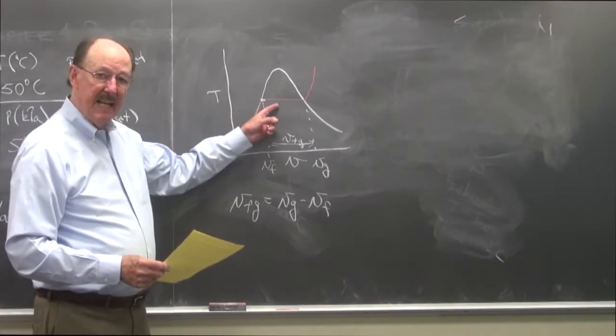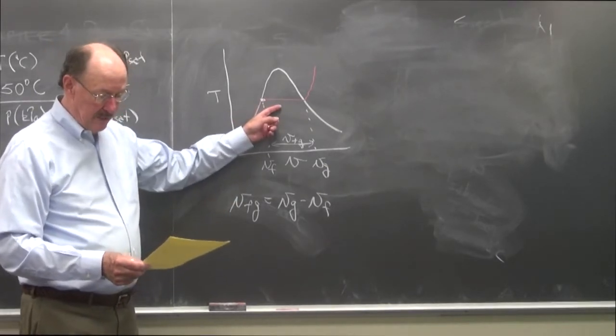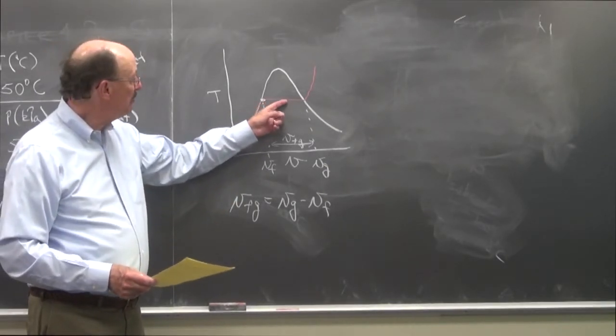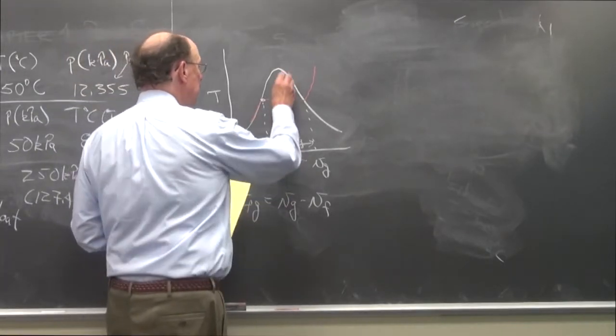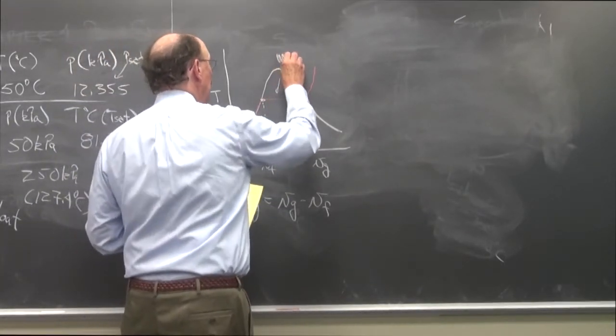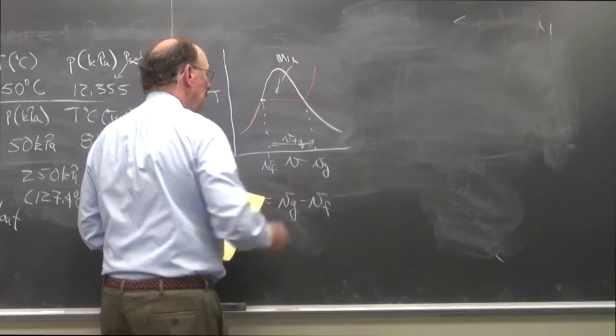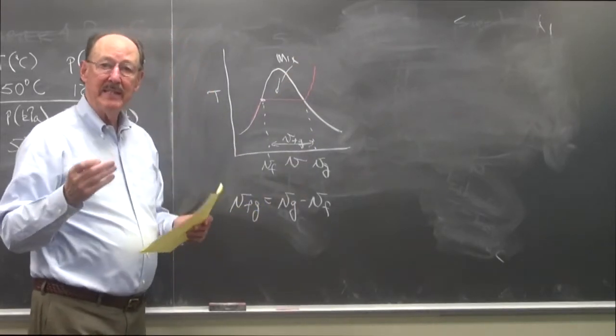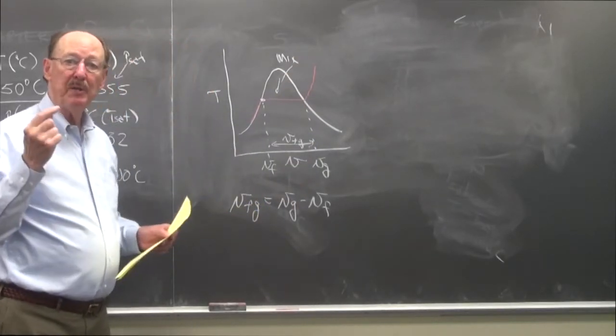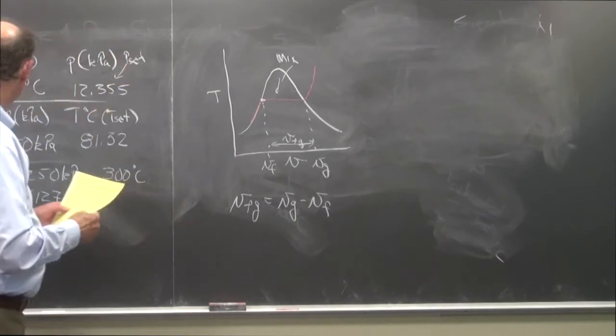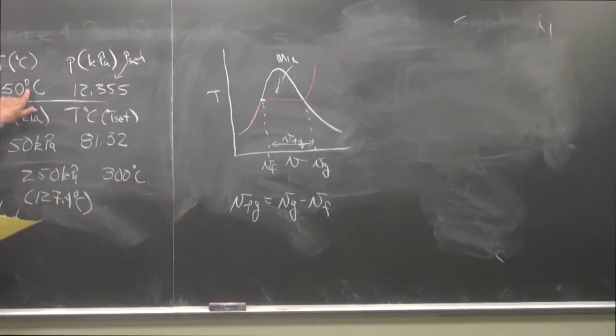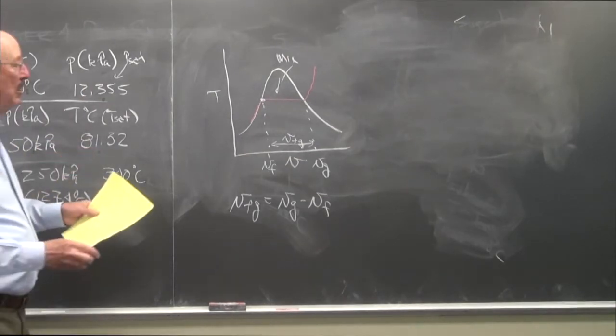So what I want to look at here is temperature and pressure in the mixture region. So this is our mixture region. Temperature and pressure are dependent variables. If I know the temperature, I know the pressure, and if I knew the pressure, I knew the temperature. They're coexistent.